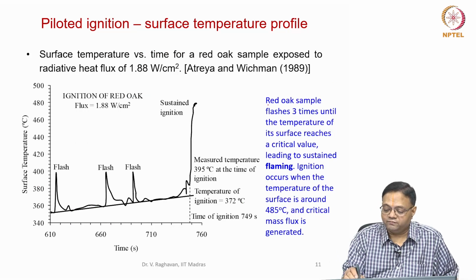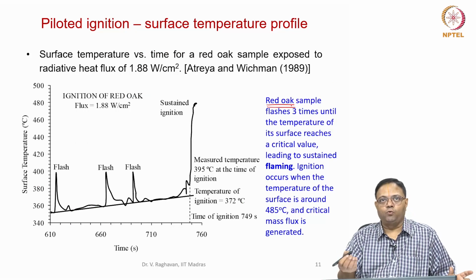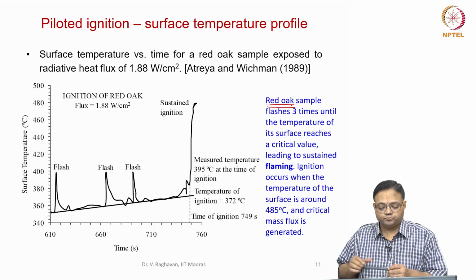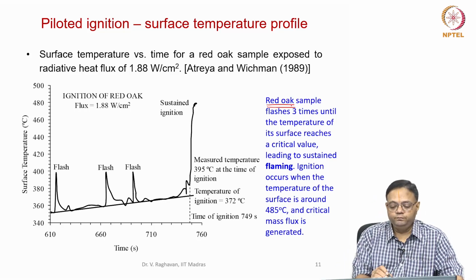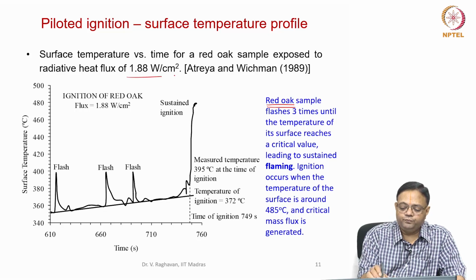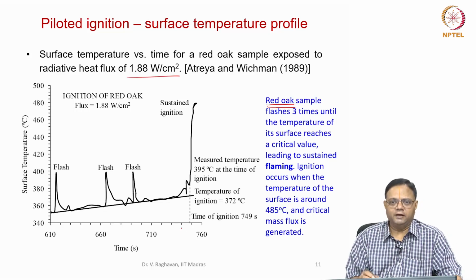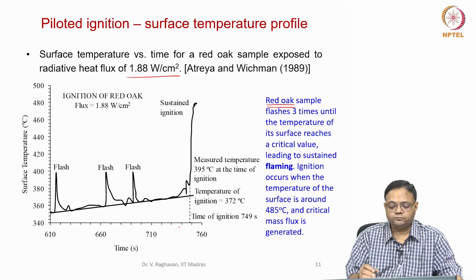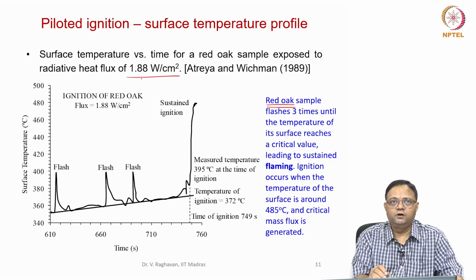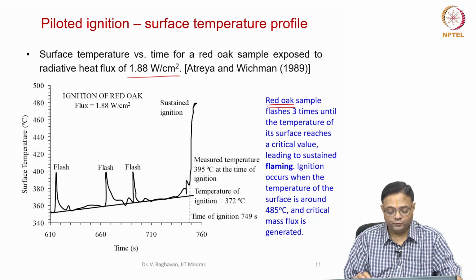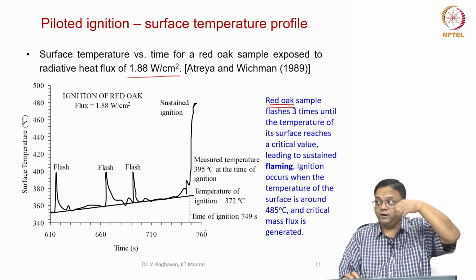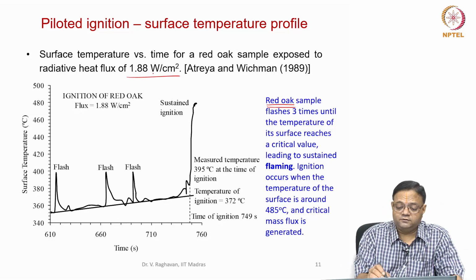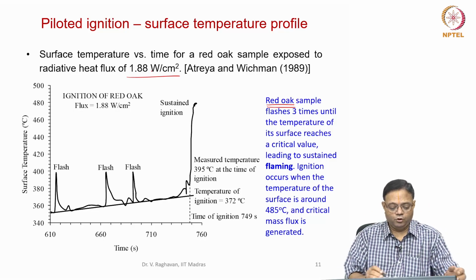This is a case where a red oak wood sample is being heated. Please understand that I can vary the heat flux. In this particular context, the heat flux is chosen as around 2 watts per centimeter square, in a cone calorimeter type of experiment where this heat flux is imparted.